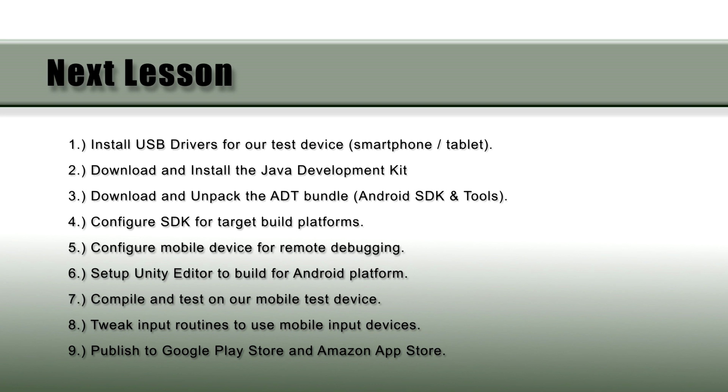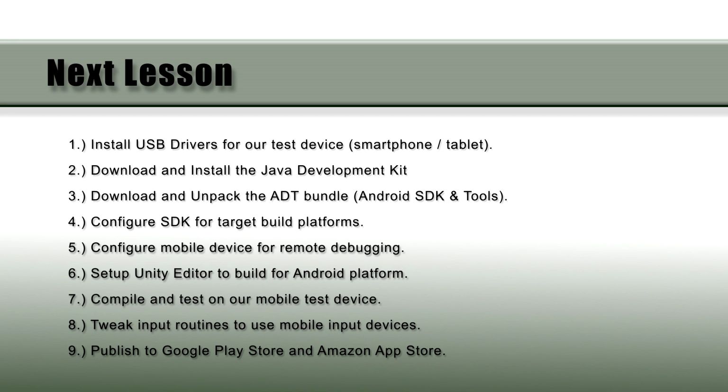We've already stated that in order to build Android packages in Unity, we must have the Android SDK installed, but that's not all. The Android SDK needs the Java Development Kit to be installed also. Now, many of you will already have the Java runtime environment on your computer, but this isn't the same thing.